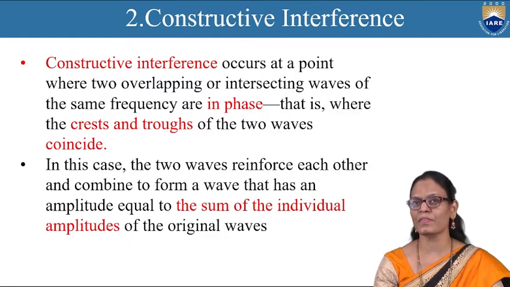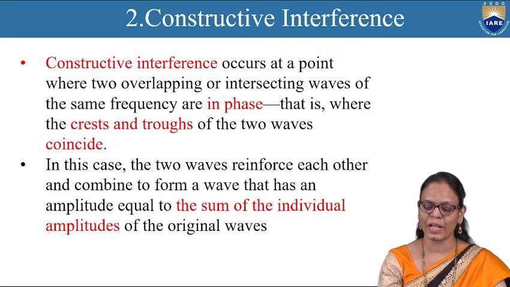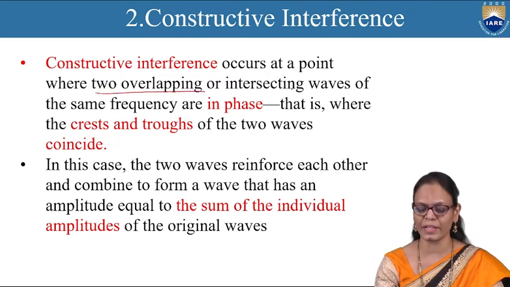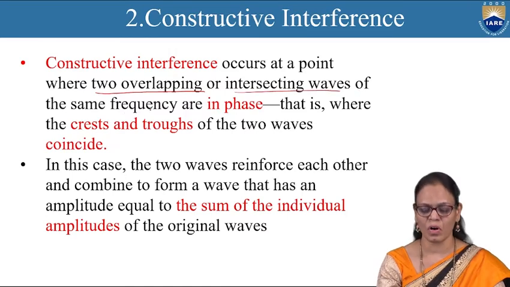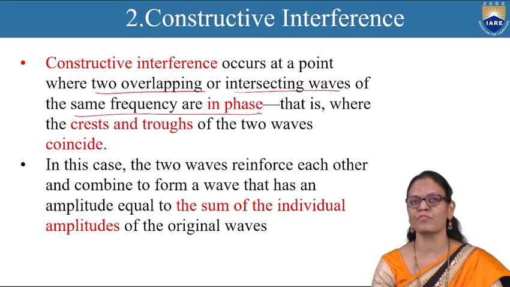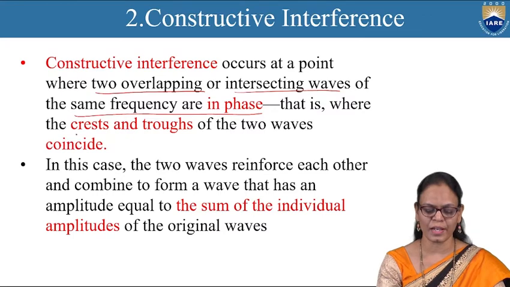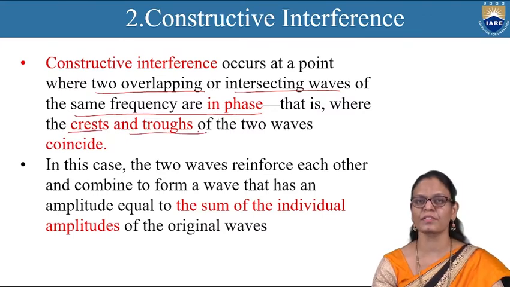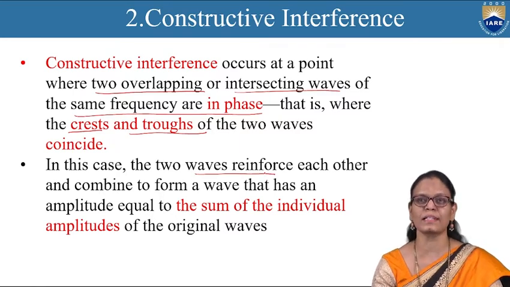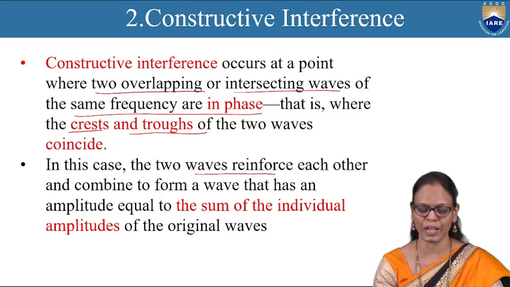So in constructive interference, what we have seen, it occurs at a point due to overlapping or intersecting of waves of the same frequency which are in phase. Means the crest falls on the crest and the trough falls on the trough. So in this case, what is happening? The 2 waves reinforce each other and combine to form a wave.